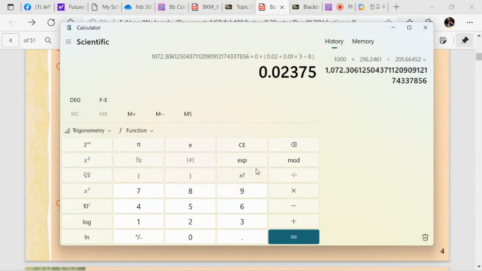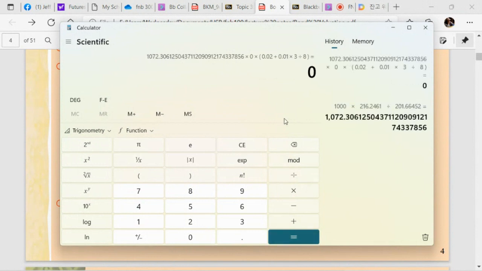It's 3/8 of 1%, so that's why 0.01 times 3 divided by 8. Yeah, so this comes to 2.375%, right? But multiplied by 1,072.30, right? Hit enter.